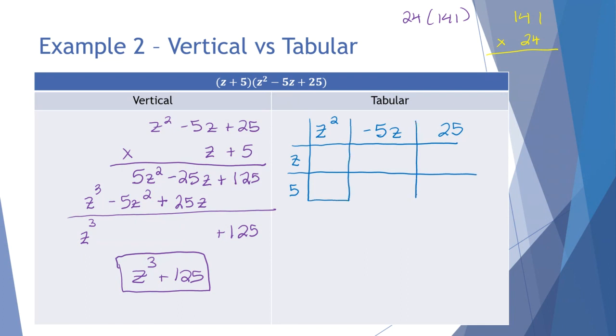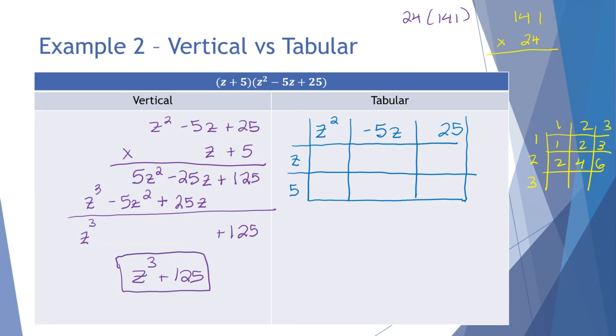This method is very similar to your multiplication tables. You would have a multiplication table and you would multiply going straight across. You would do each row times a column. 1 times 1 is 1, 1 times 2. This is how you figure out your multiplication tables. So this table method is very similar to that.